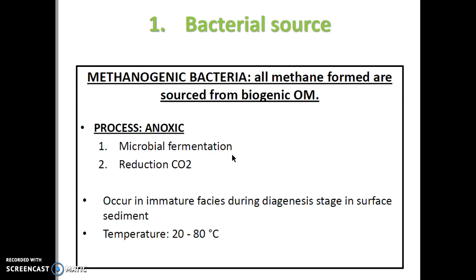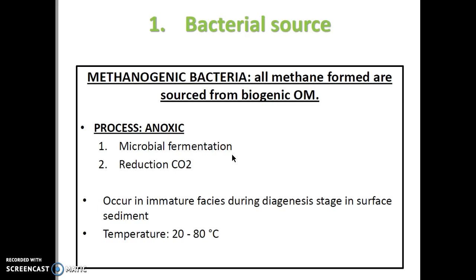The hydrogen is later consumed by the bacteria through sulfate reduction until much of the sulfate is gone, and later will generate methane. This type of process can occur either in the water column or in the sediment itself.